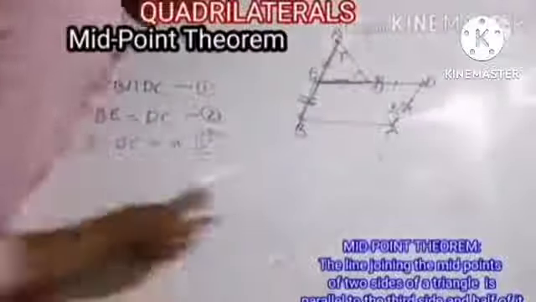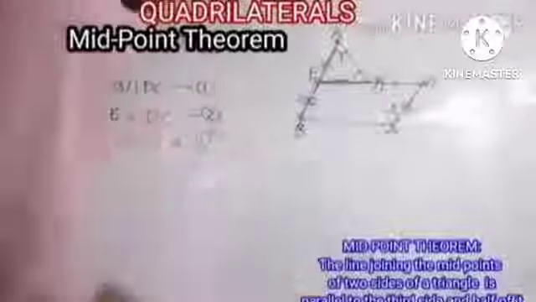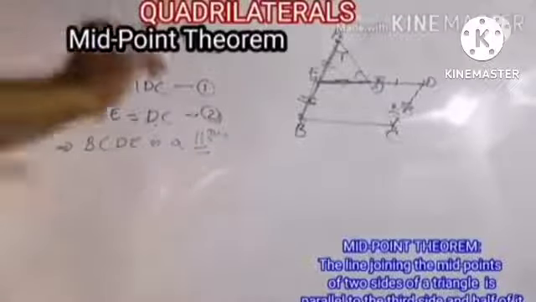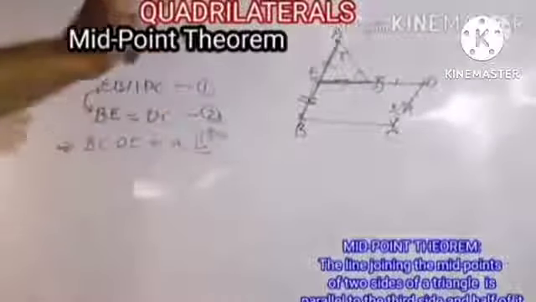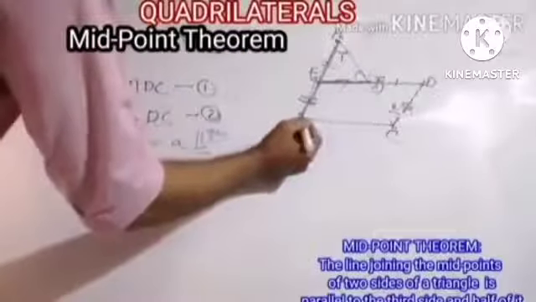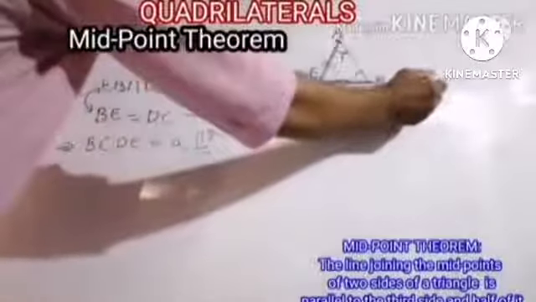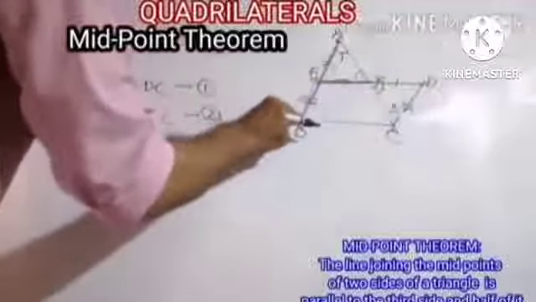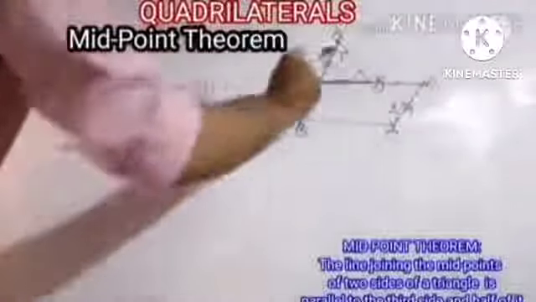And what are the properties of a parallelogram? The first two: opposite sides are equal, and opposite sides are parallel. Already we have BE parallel to CD and BE equal to CD, which changes the figure into a parallelogram.